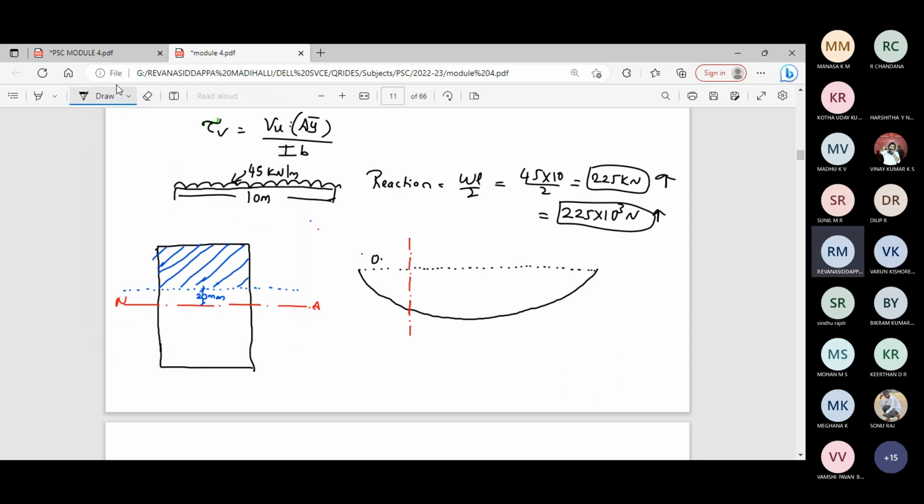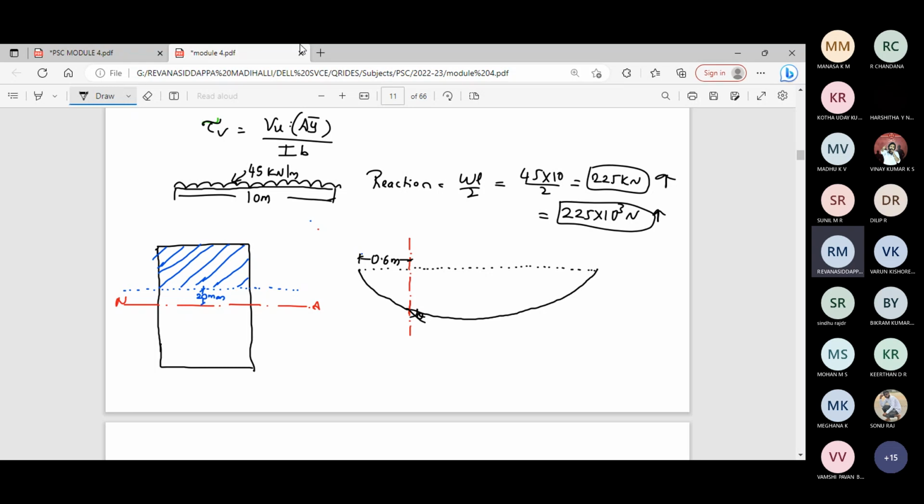Now we have to find the slope, the sin theta value, at this particular point.